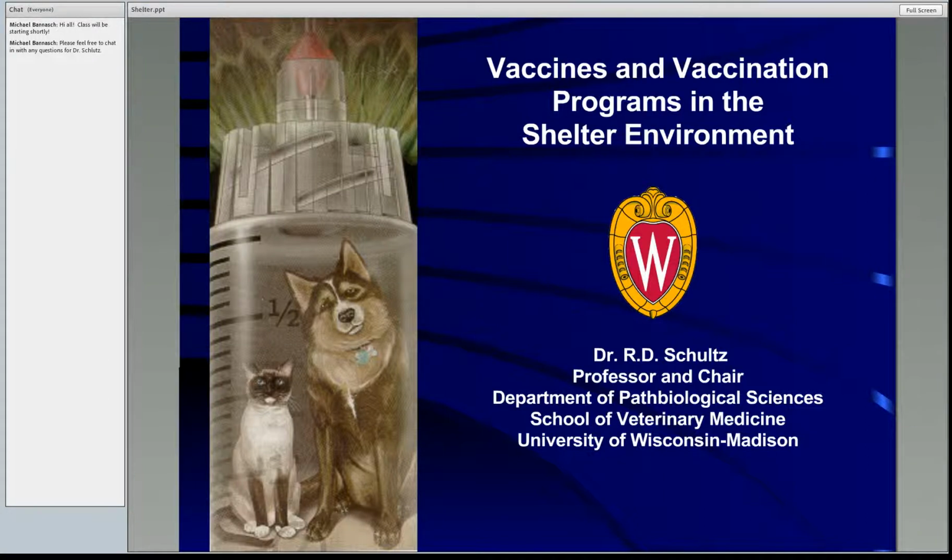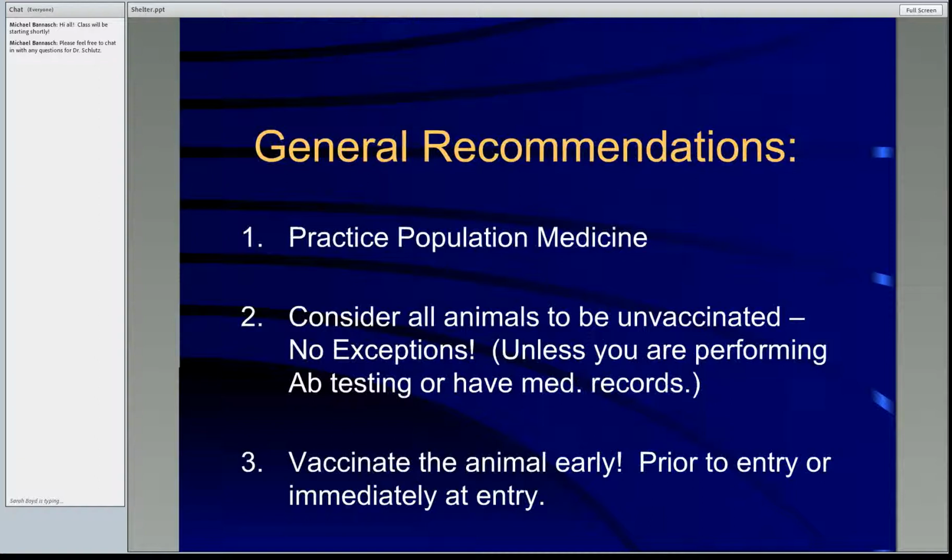So what I'd like to start with is just some general recommendations with regard to vaccination in the sheltering environment. And it's a little bit different than what it is for pet animal vaccination programs. One of the things we want to do is practice population medicine.